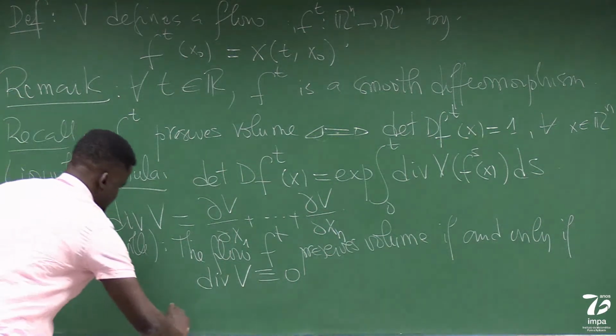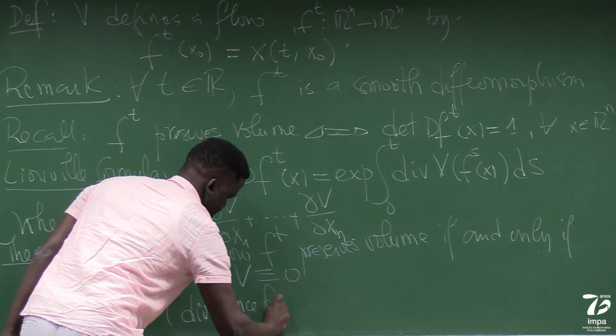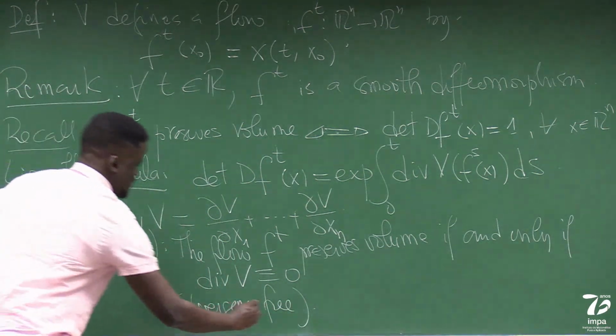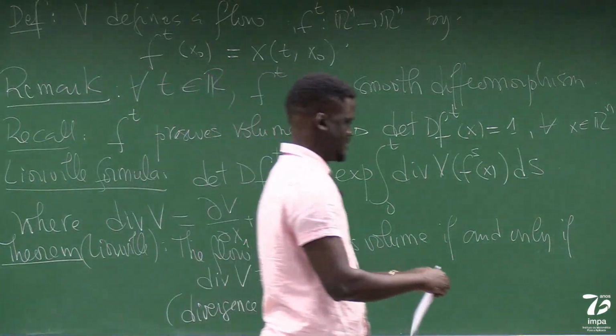So this is called divergence free. So for flows, this is one way to see if the flow preserves Lebesgue.